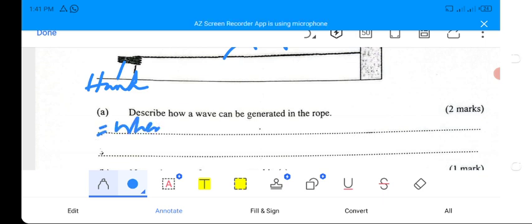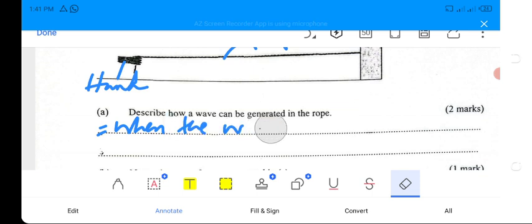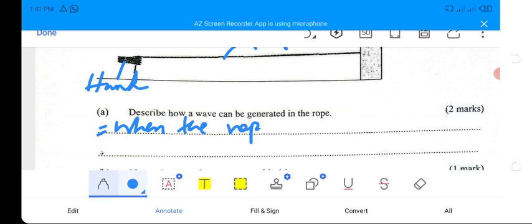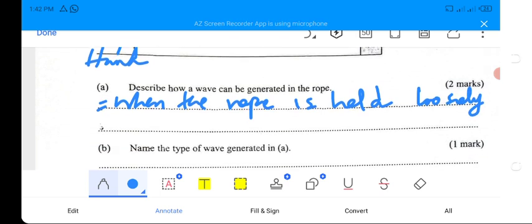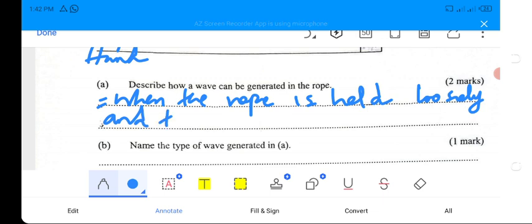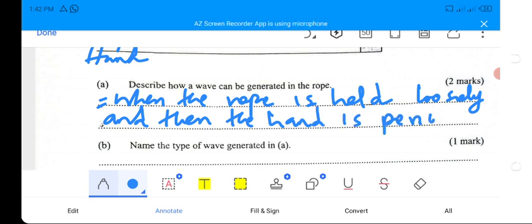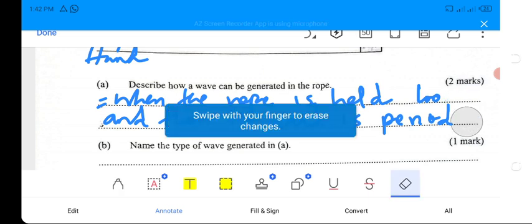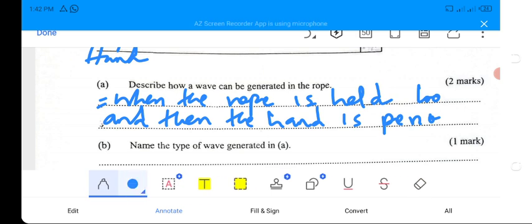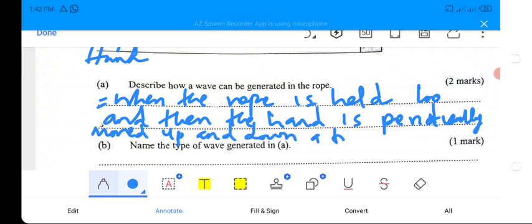So when the rope is held loosely, and then the hand is periodically moved up and down, a transverse wave is formed.